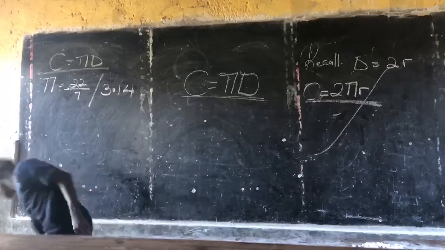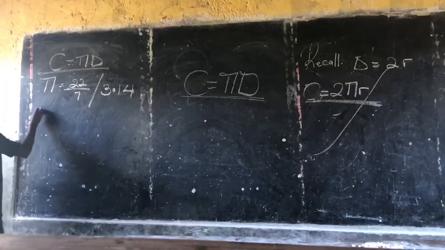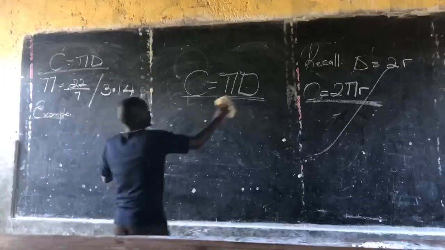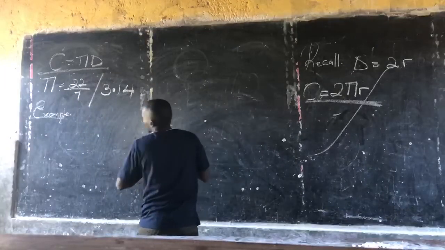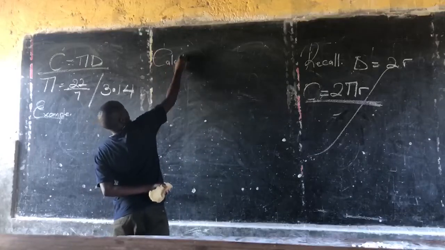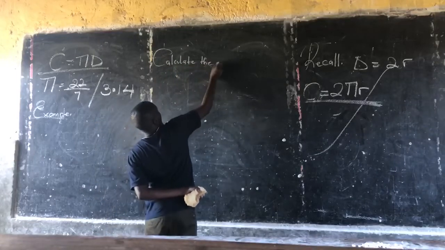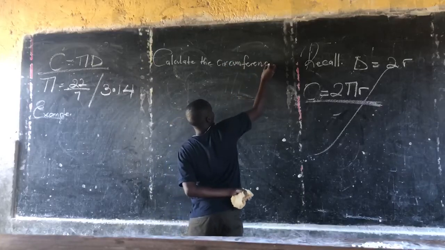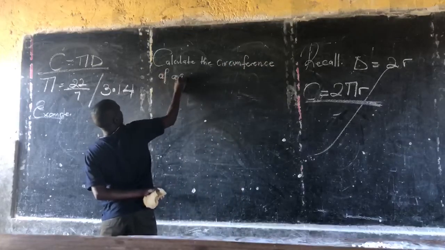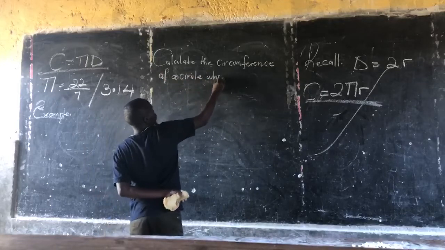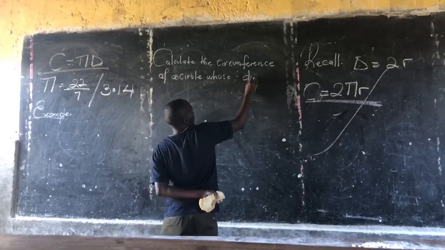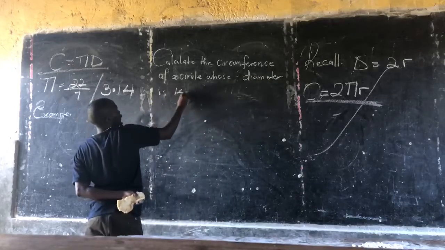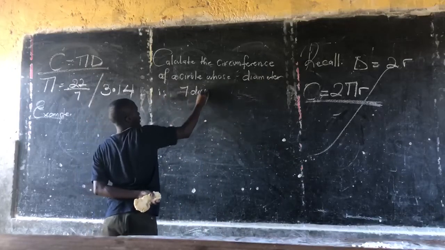So let us start with a simple one. Example: calculate the circumference of a circle whose diameter is 7 decimeters.